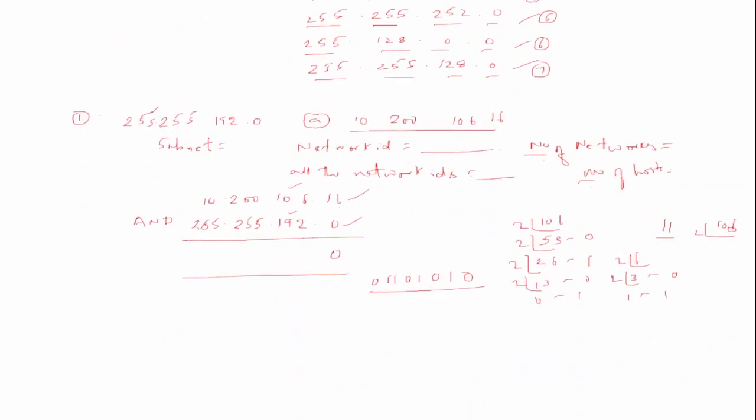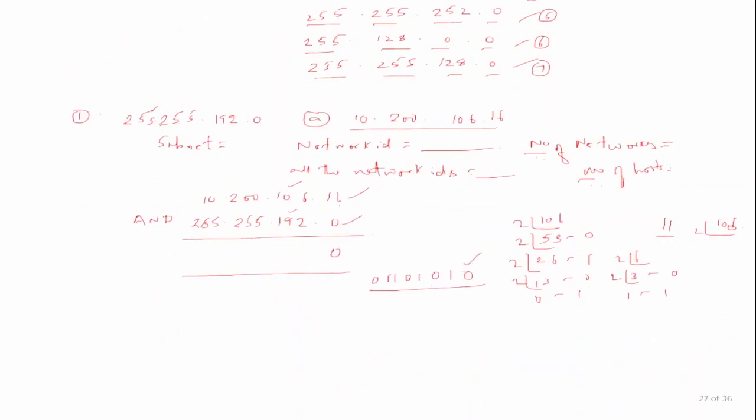This is the binary value of 106. And 192 is nothing but 128 plus 64, which is 192, and the remaining bits are all zeros.